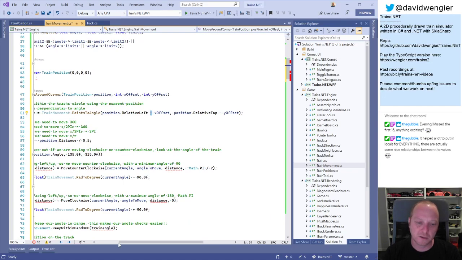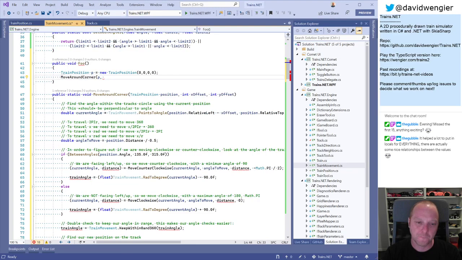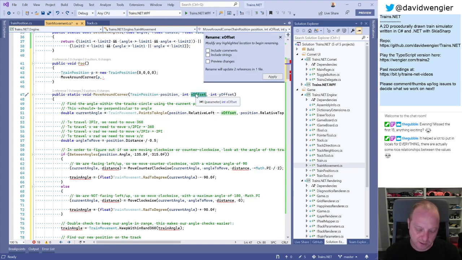Because if I'm, oh no. Just trying to work out if you call this, how are you going to reason about what to pass in? So X offset makes no sense. What this is, is the distance between the left hand of your cell and the center of your circle. Oh, I cannot express that. Yeah, 225 plus minus 90.